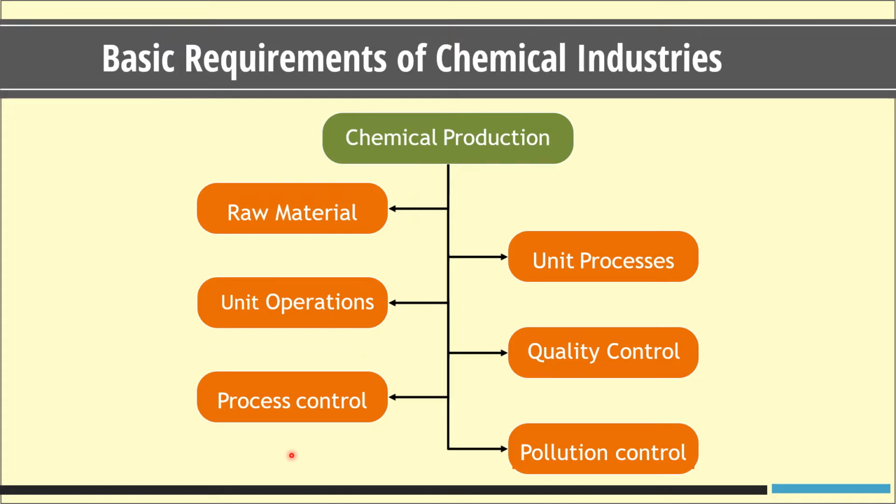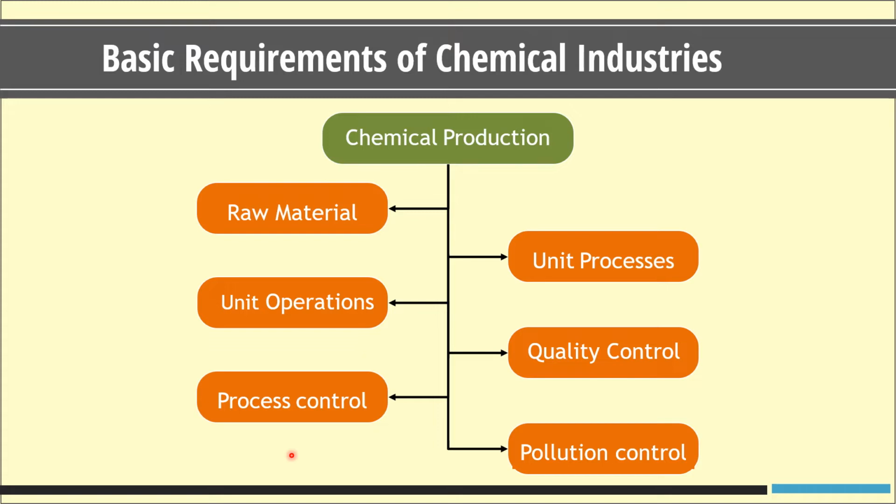So to control this type of pollution, the pollution control unit is required in the industry. So during chemical production, what are the requirements? The raw material, unit process, unit operations, quality control, process control, and pollution control.